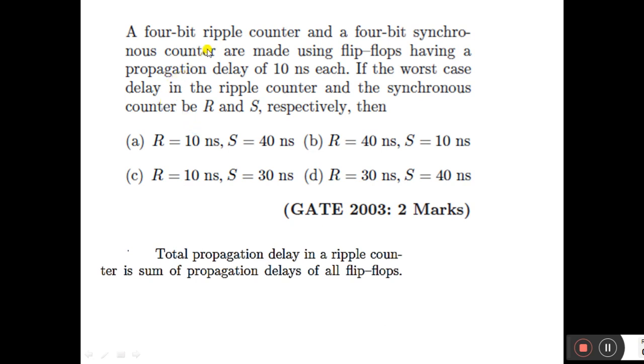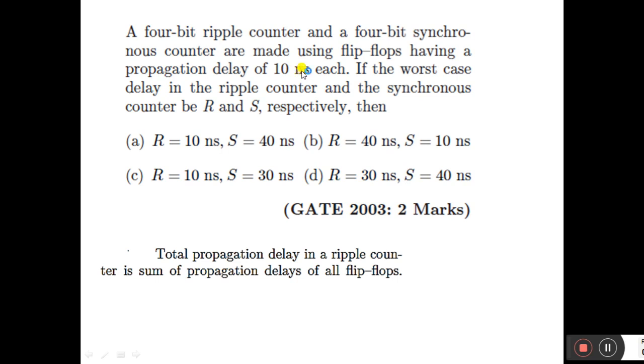For a ripple counter, the total propagation delay is the sum of propagation delays of all flip-flops. Here a 4-bit ripple counter means 4 flip-flops, 4 multiplied by 10 nanosecond.